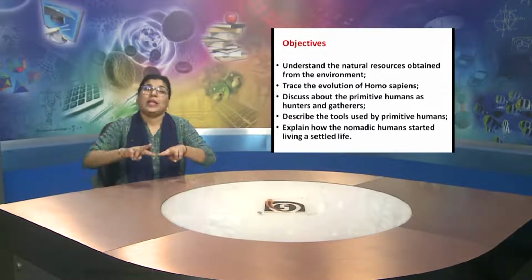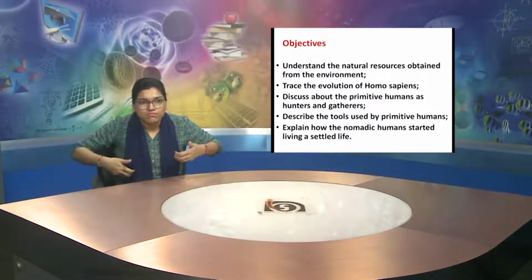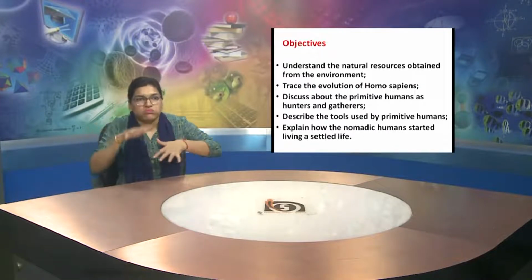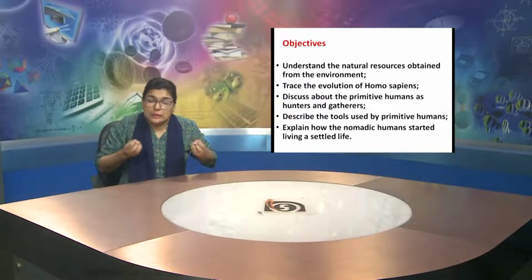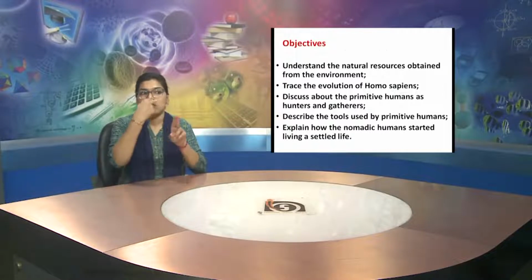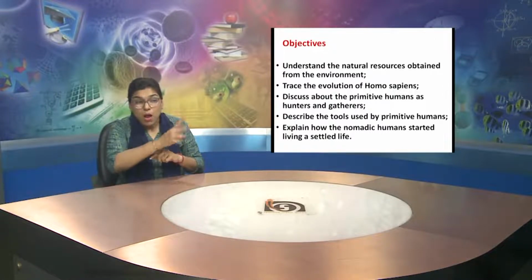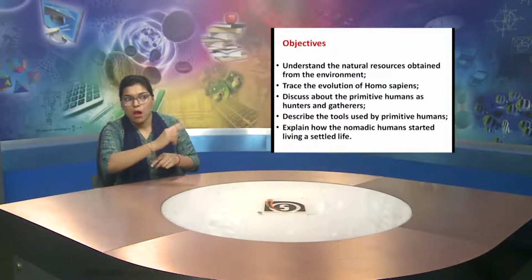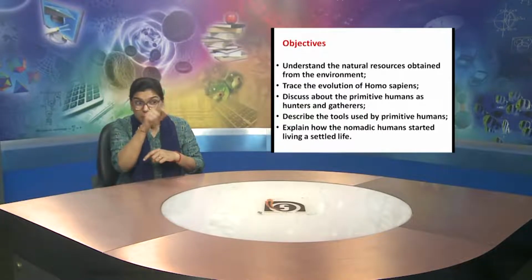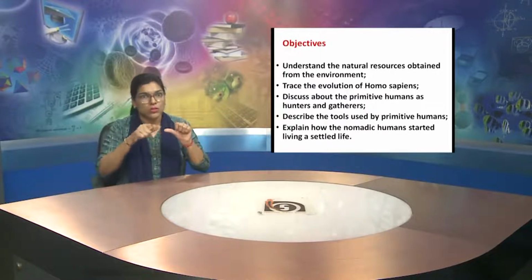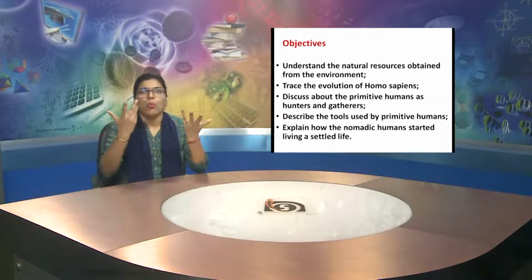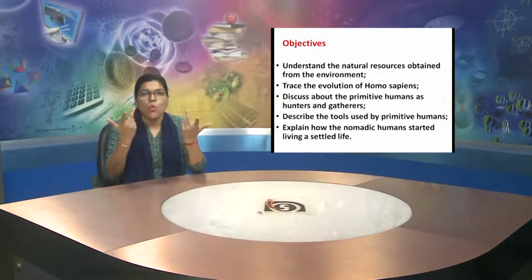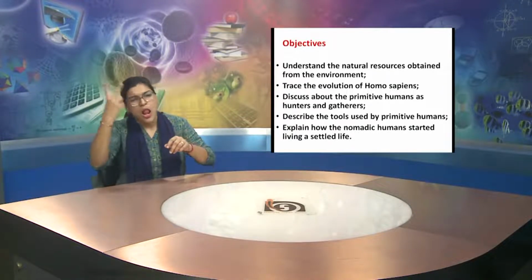We all must be aware and remember that Homo sapiens is the name. It's a scientific name which is given to the human being, which was the primitive man. You can say the first generation man. In science, we call him Homo sapiens.